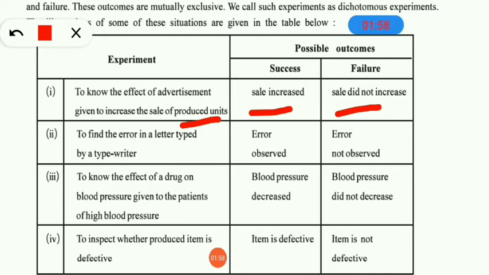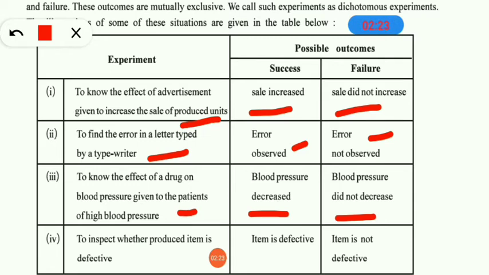Is it clear? Second, to find an error in a letter typed by a typewriter. Success is error observed, otherwise error not observed is the failure. So only two outcomes. Third, to know the effect of a drug on blood pressure given to patients of high blood pressure. Success is blood pressure decreased, otherwise blood pressure did not decrease.